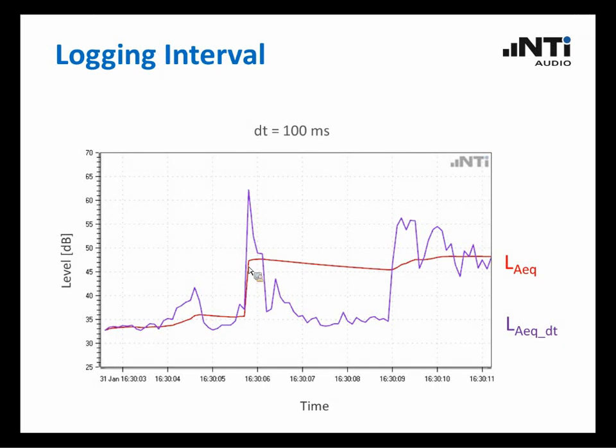Only here this very high peak implies a kind of a jump of the LAEQ as well, but then again it stays quite stable again. So you can see that this LAEQ follows, of course, the overall average behavior of the sound pressure level that is present during the whole recording period.